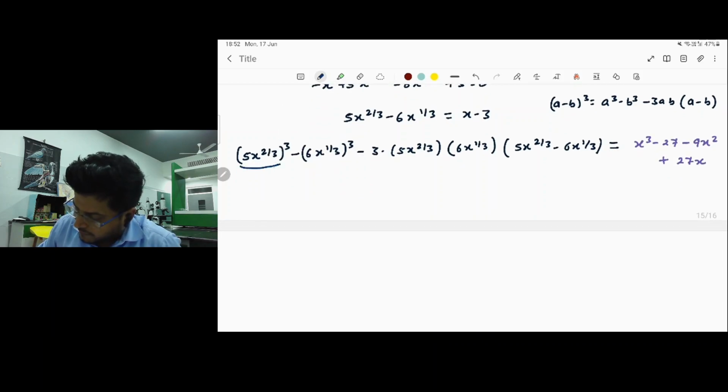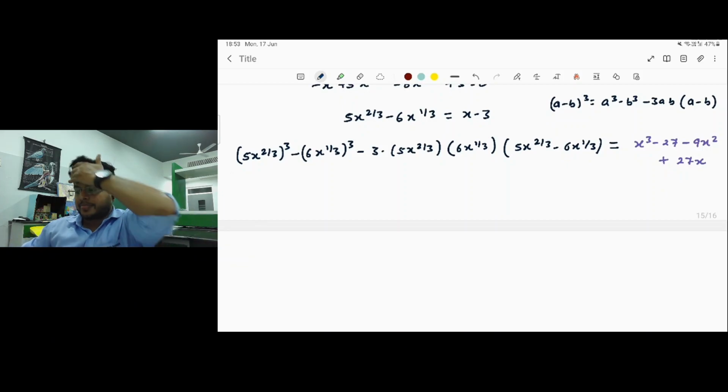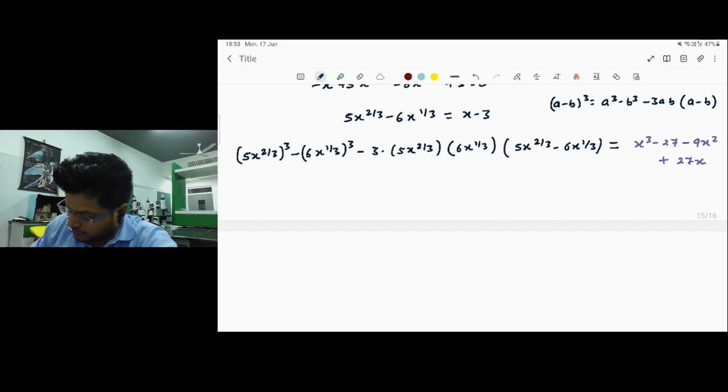So please do this. What will happen from here? Okay. So a cube. So it will give you how much? 5x square. Cube and cube root will get cancelled. This will be minus 6x minus, here you can see 5 3s are 15, 6 are 90 will come. So minus 90. X to the power 2 by 3 and x to the power 1 by 3 will give you x. So x.